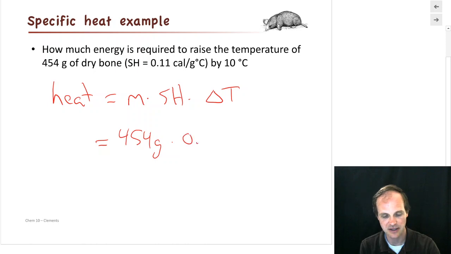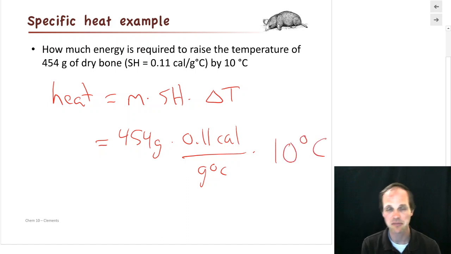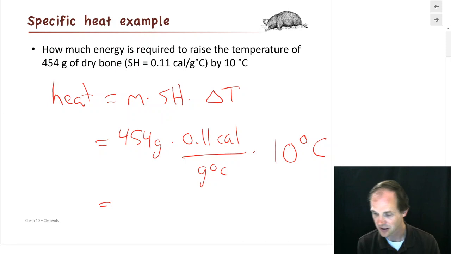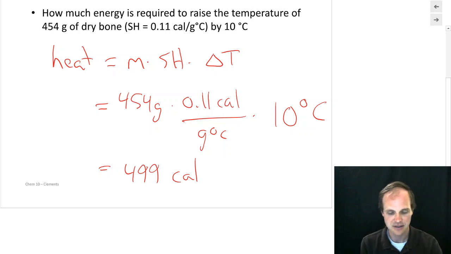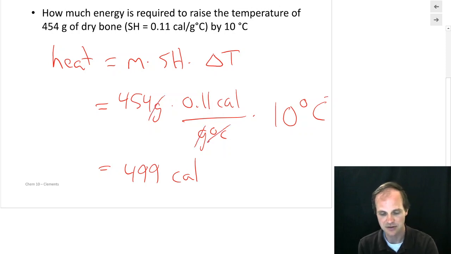We've got specific heat, 0.11 calories per gram degrees Celsius. And our delta T, we're heating it up by 10 degrees Celsius. And so we just multiply that out there. When you do that, you end up with 499 calories. Remember, our grams cancel, our degrees Celsius cancel. We're left with calories.